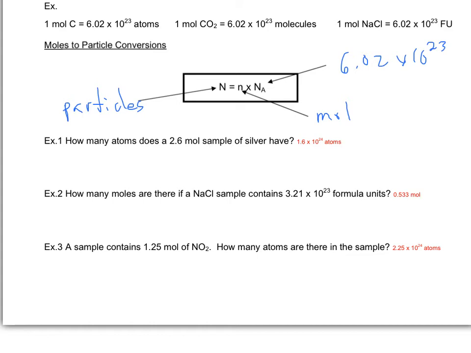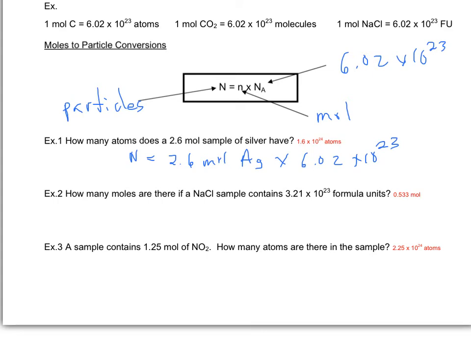So I'm trying to solve for big N. It tells me in the question that I've got 2.6 moles of silver. If I times that by Avogadro's number, that will give me the number of atoms in the sample.